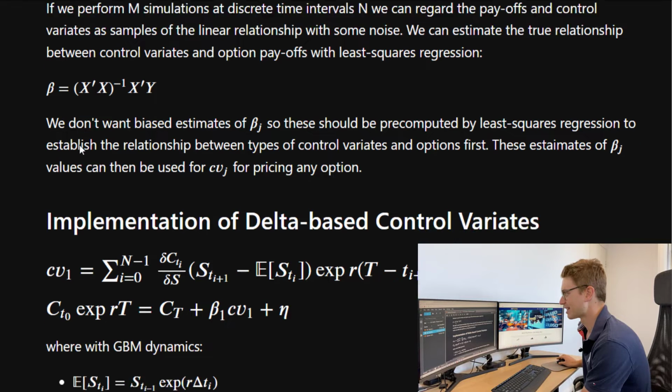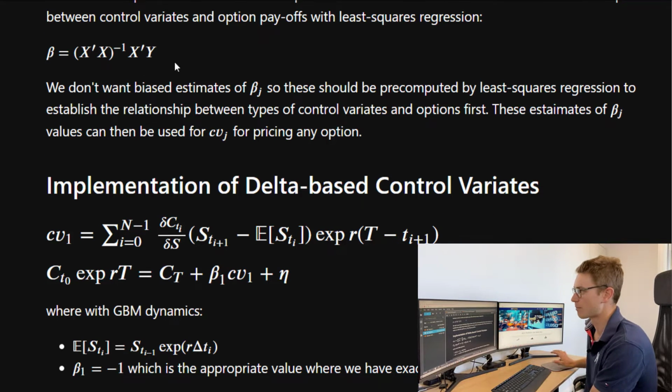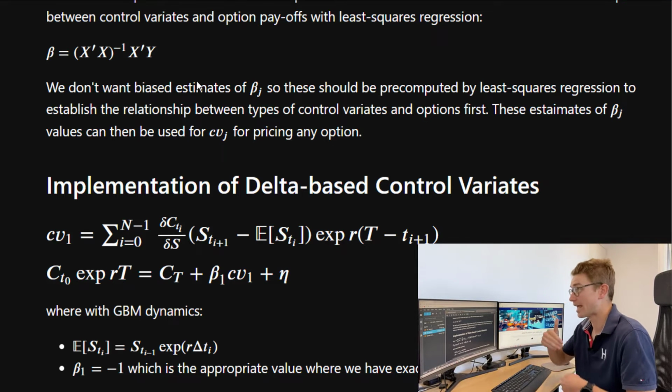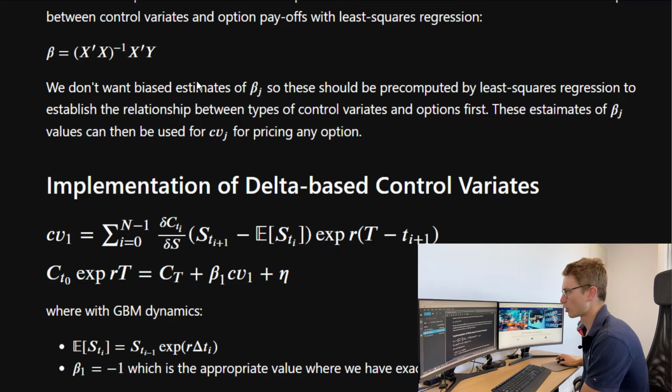There are ways to do this throughout the Monte Carlo simulations, and you can add to these matrices with each time step and each simulation. So that's pretty powerful, that we can actually determine what the true beta value is during the simulation.